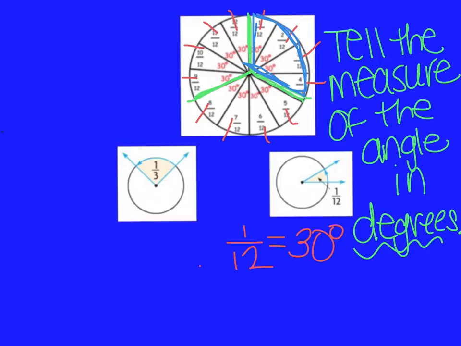We're only going to work with the 1/3 because this is 1 out of the 3 sections. So once I block off my section, I'm going to add it up. 30, 60, 90, 120 degrees. So I know that my 1/3 fraction is actually a measure of 120 degrees.